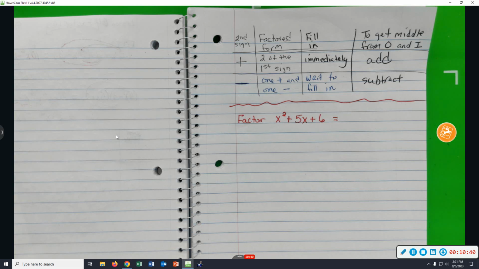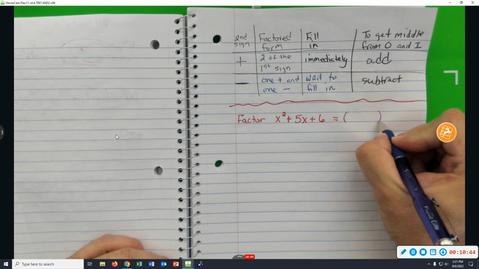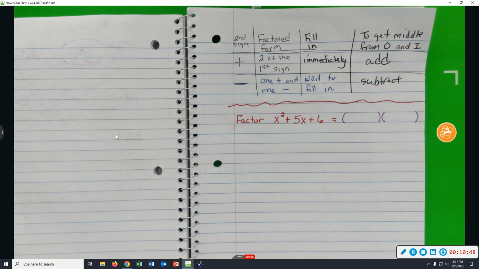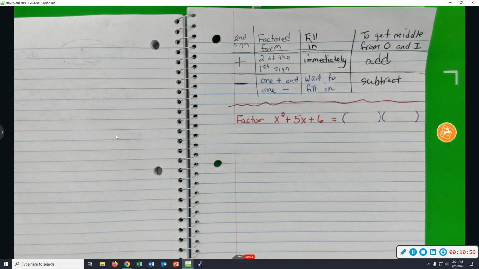What it means when it says factor is you need to write out the two sets of parentheses and fill it in, so you have something you can FOIL out and get x squared plus 5x plus 6.